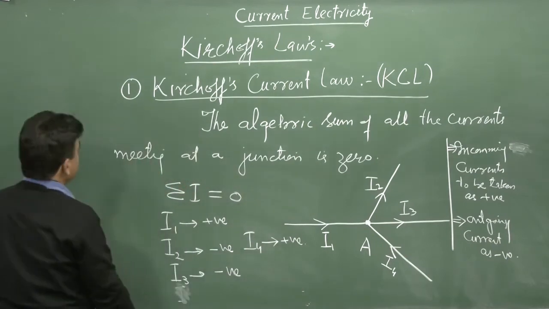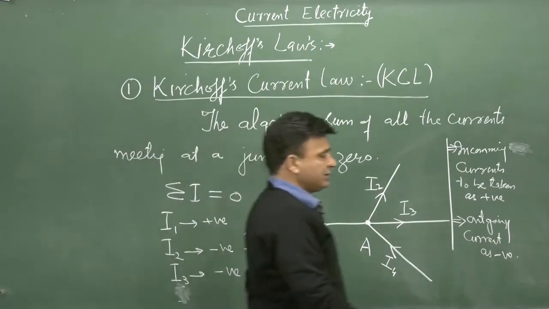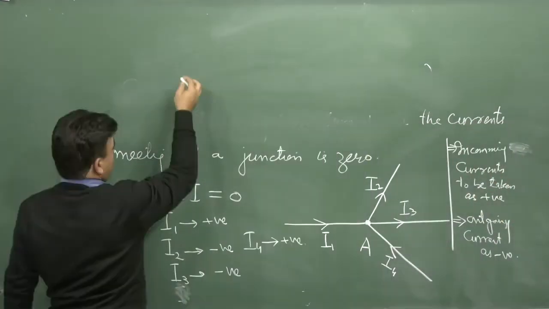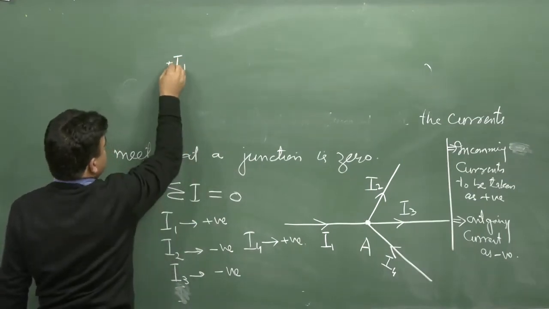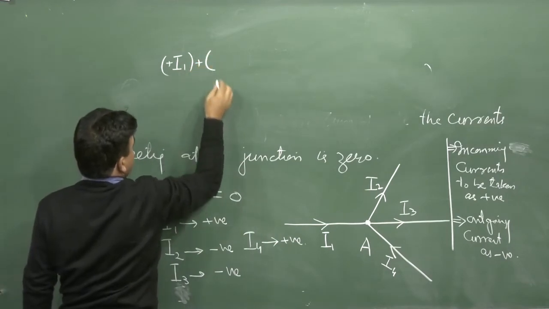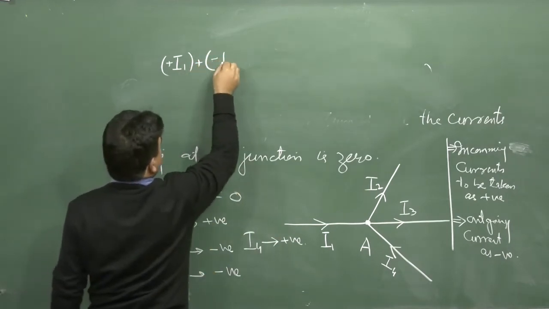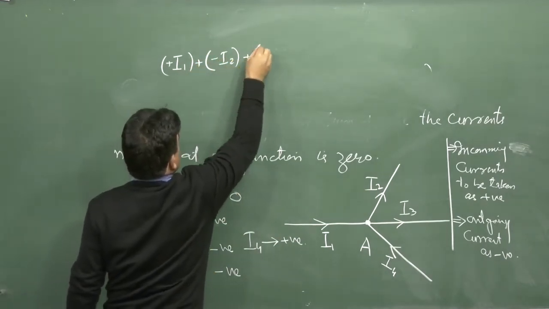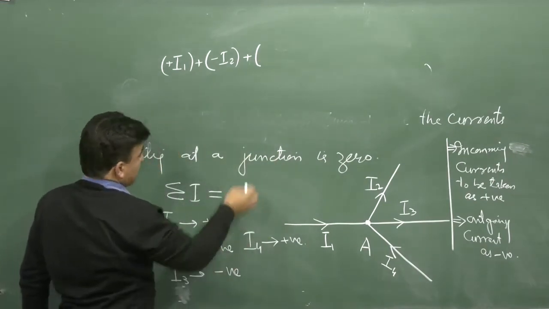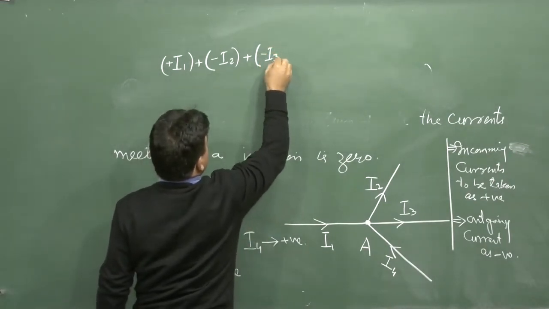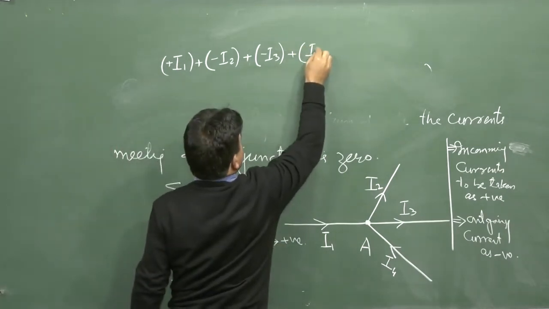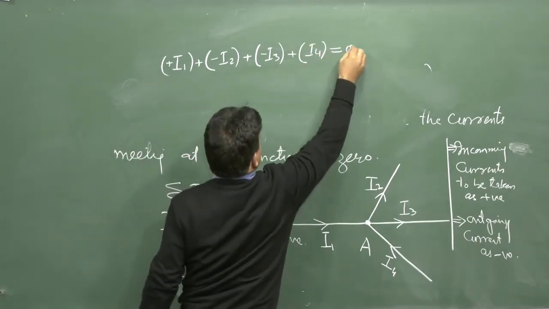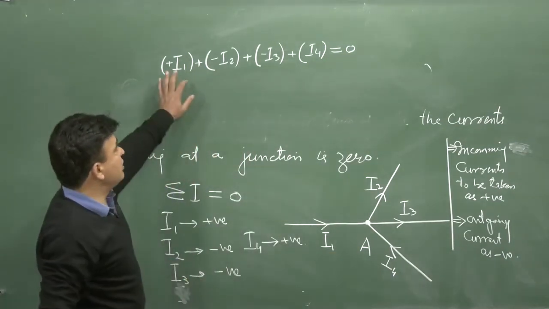Therefore, when we are making the algebraic sum of all these currents, I1, which is positive, plus I2, which is negative, plus I3, which is negative, and I4, which is positive, is equal to 0. This is what the KCL is.